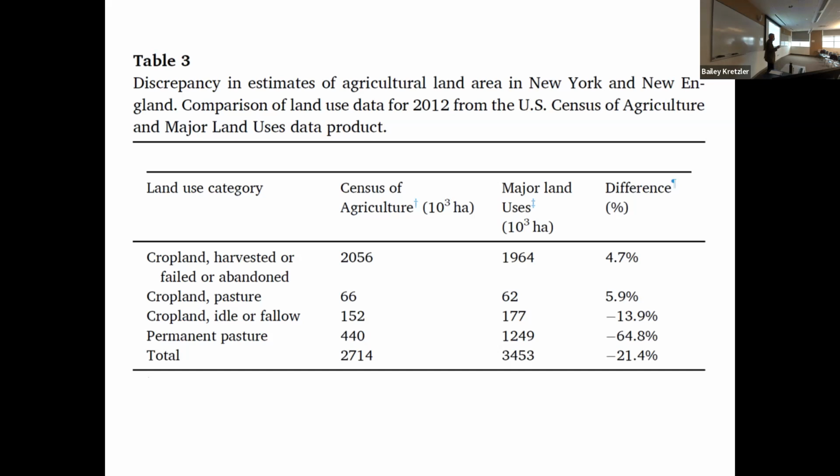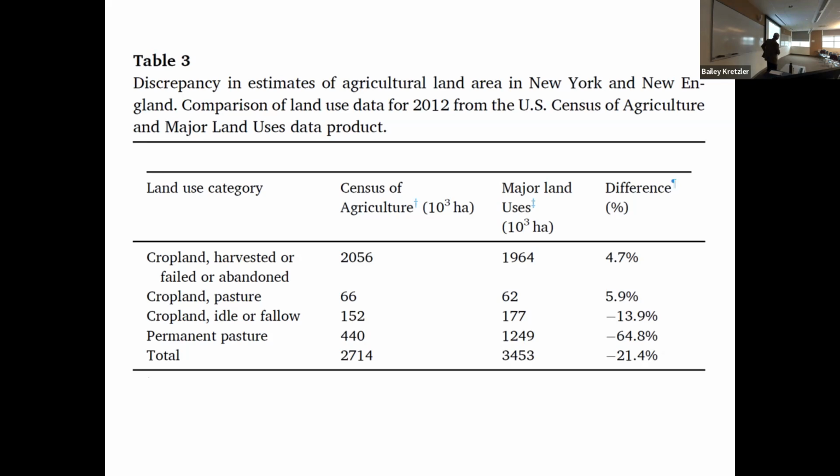They take data from multiple federal data collection projects and come up with a harmonized data source. That's meant to be wall to wall for the whole United States. And they use the same land use categories, which is handy.